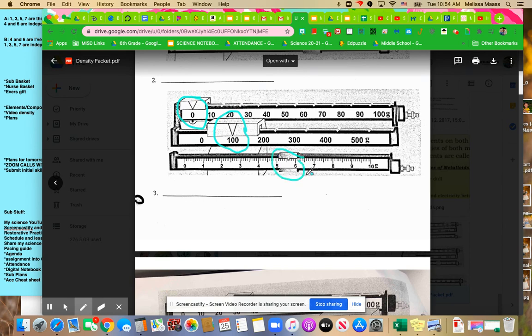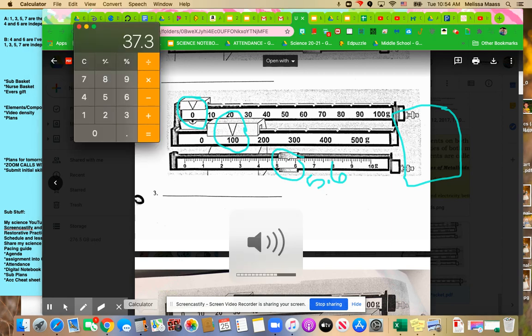Okay? So right here, I'll just write 5.6 to help me remember. And again, you can do the math off to the side if you want to, or you can pull up the calculator and type all that in. So it's 0 plus 100 plus 5.6.